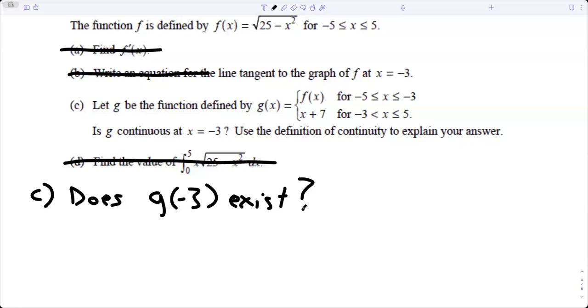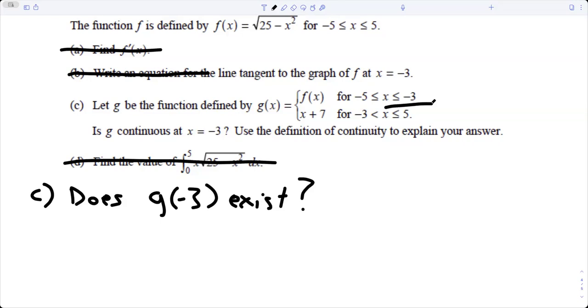How is G of x defined? First, let me say this. Are we looking at the top equation or the bottom equation? Why are we looking at the top? Because that's where the piecewise function is equal to -3.